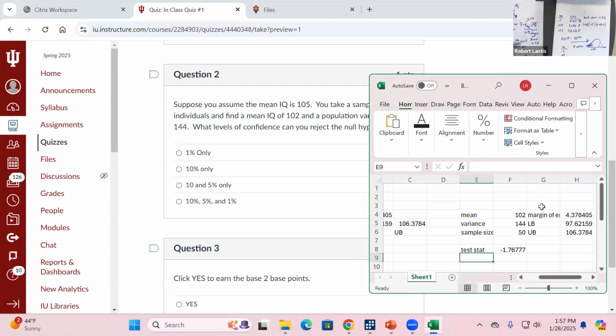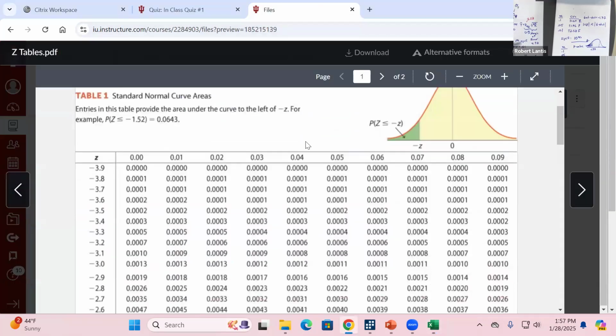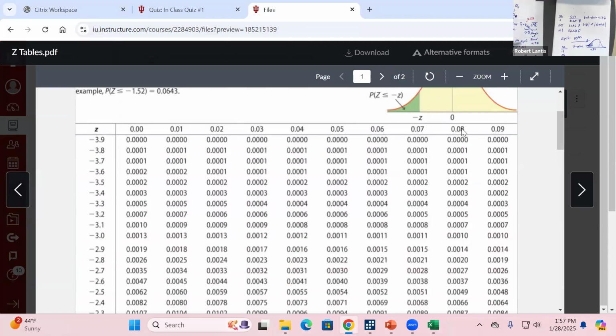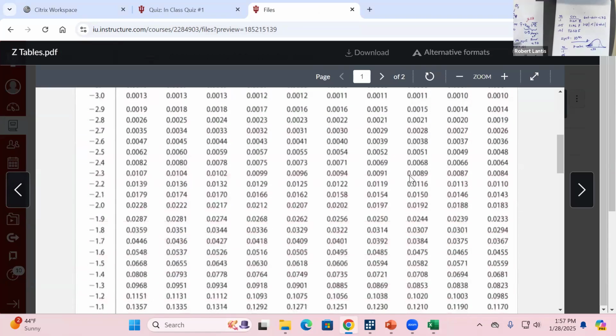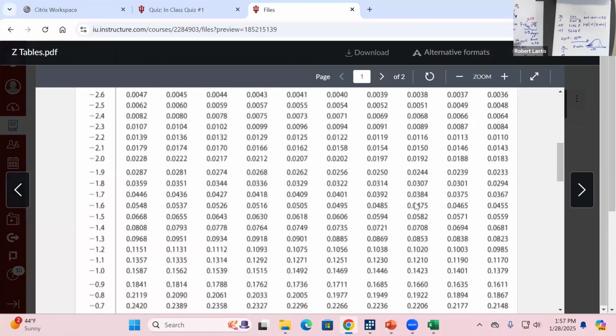Using the standard normal approximations, negative 1.77 was 0.0384.